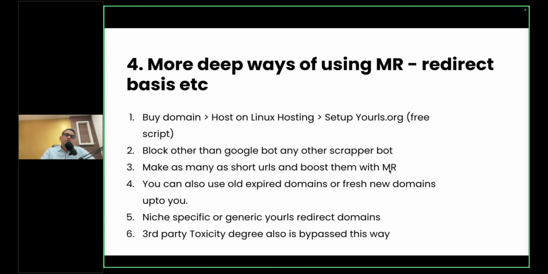So what we do is we create say 10 short URLs, and then we boost them using the Money Robot 1312 social bookmark campaign, which we just discussed. Then you can use old expired domains of the same niche, or you can use fresh domains. It's up to you.